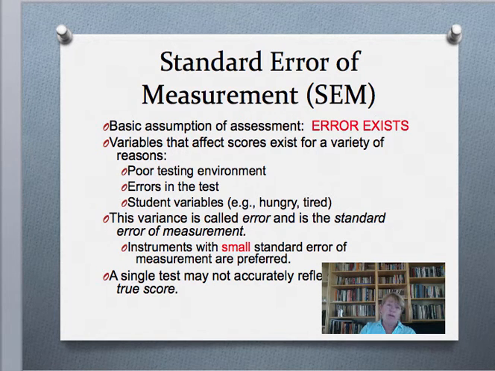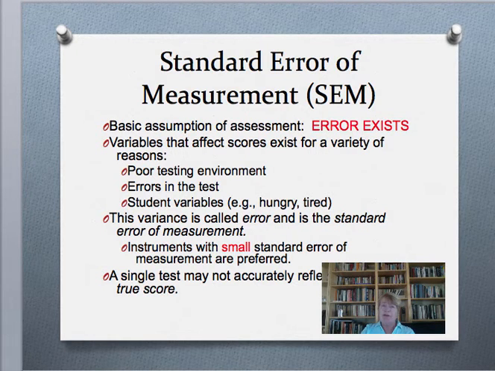There's error present in the tests themselves, true, false versus multiple choice, ambiguity of the question, and so forth. Error is there, and I bring error into the test situation, as I was saying, how awake I am, how comfortable I am, and so forth. That all contributes to error.